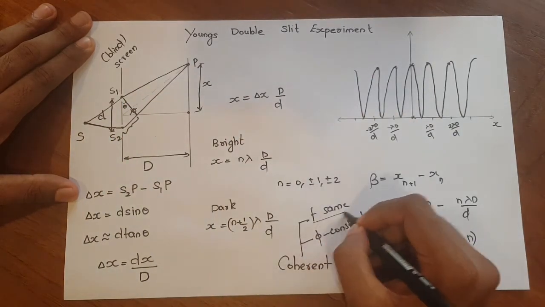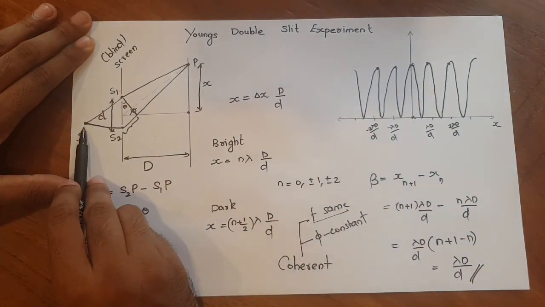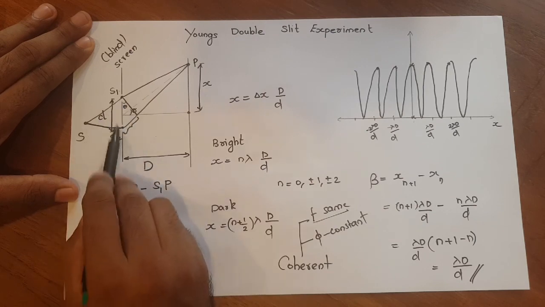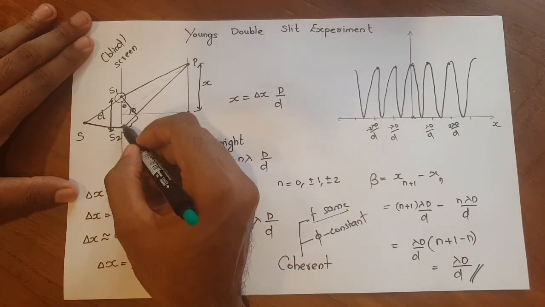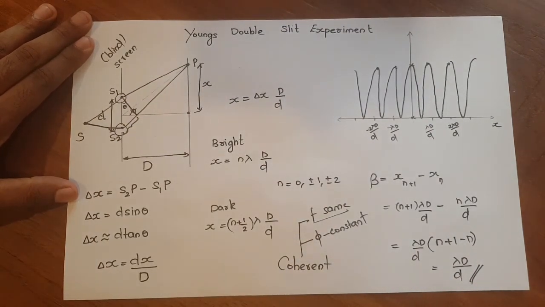Obviously the frequency will be the same, because there is only a single source with only one frequency. And even if there is a phase difference, that will be constant, because whatever phase difference happens in S1 will be reflected in S2 also. So they will be locked in phase.